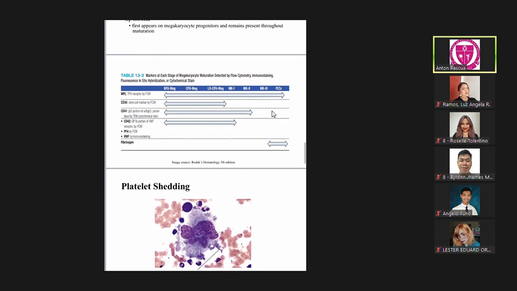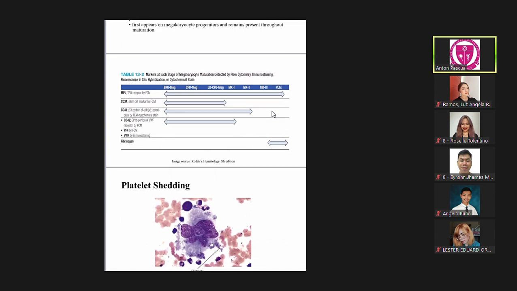So if you look at this figure here, what's important to remember with these markers is that you know which stage possesses that marker. Kasi if you want to test for that marker, and normally, wala naman pala yung marker na yun dun sa stage na yun, kahit anong tumbling mo, magne-negative yan. Tama?